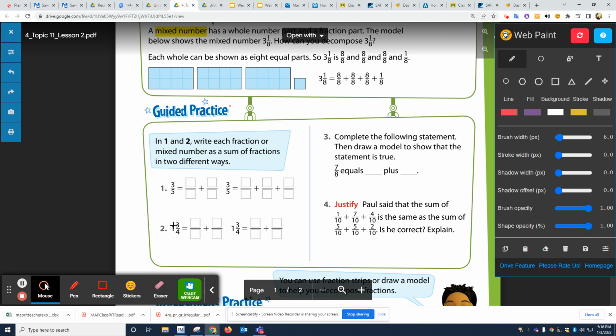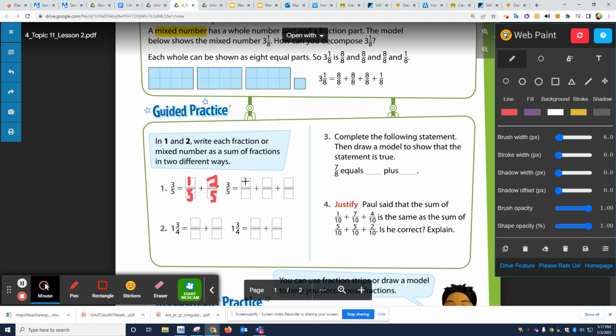Now, this is located on Seesaw, so you'll want to go to Seesaw to complete this and then activate the pencil. So I'm going to say 1/5 plus, I'm trying to make 3/5, so 2/5 would equal 3/5.